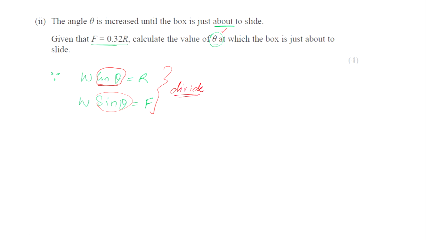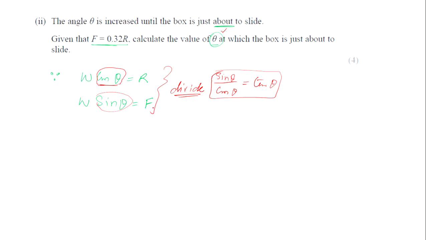And why do we need to divide? Because we know that sine theta divided by cos theta gives us tangent theta. So looking at this condition for trigonometric ratios, we divide the equations.